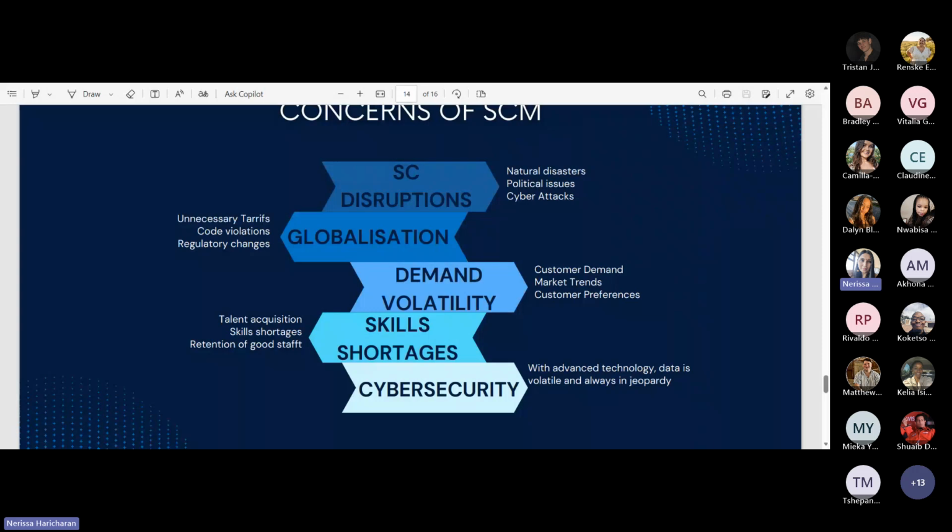Then we have volatility of demand, and this is where your customers' demand fluctuates quite often. Different market trends happen, consumers change their behavior, they have buyer's remorse. It can create a lot of volatility in your demand and then create uncertainty in your supply chain.